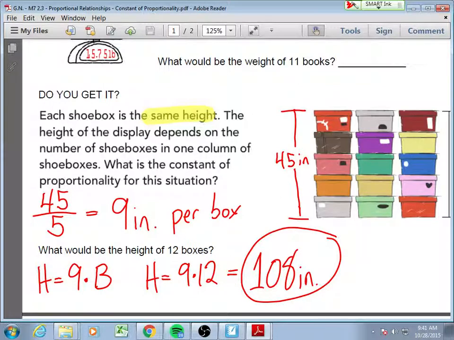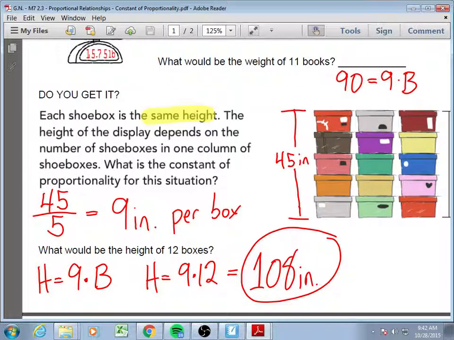Eli. So to find the number of boxes, would you just have to multiply that by... If you knew the height, then you could find the number. So let's say we're given the height to be 90 inches. So then I could set up my equation: 90 inches is equal to, well, my constant of proportionality is still 9, but now what I don't know is the number of boxes.